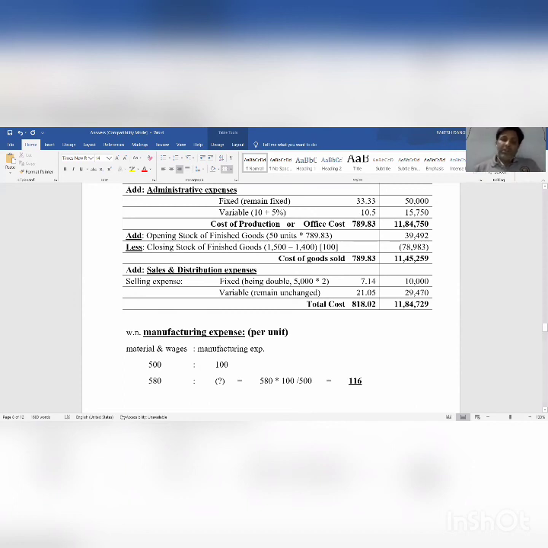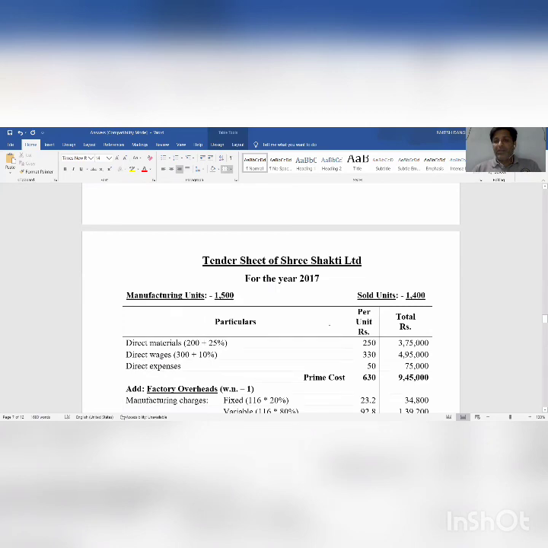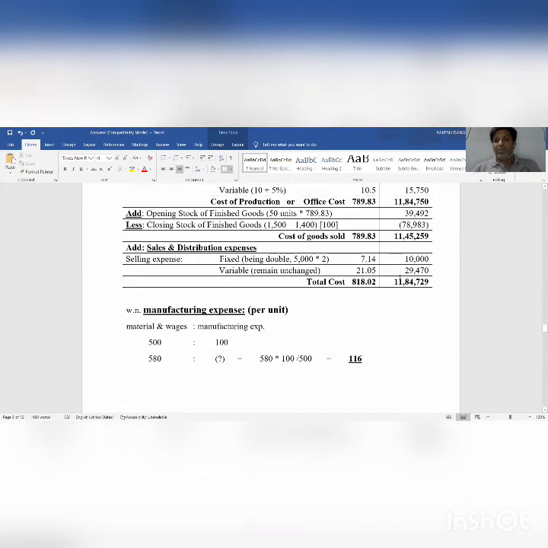Now total: 21.05 multiplied by sales units 1400 is 29,470. So total cost is 818.02 unit wise and 11,84,792 in total amount.